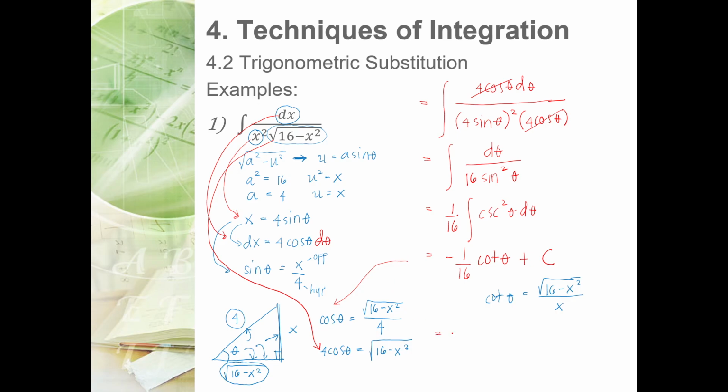So this will give us negative 1 over 16 times the square root of 16 minus x squared all over x, plus c. So the final answer would be negative square root of 16 minus x squared over 16x, plus c.